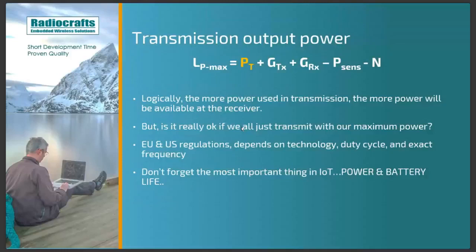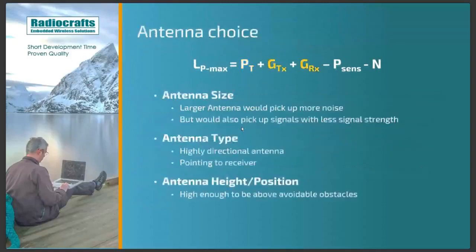Antenna choice is to some degree the same as the output power, because it will affect the radiated output power at the transmitter end. That means that at the transmitter end, you cannot just increase the antenna gain because there are regulations. So you cannot really extend your range, but you can lose range by having a poor antenna design.